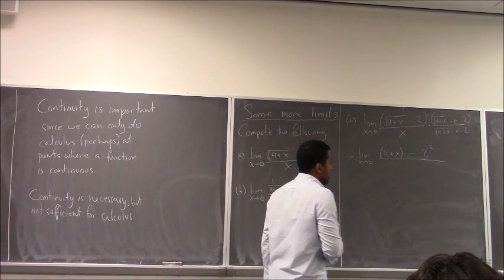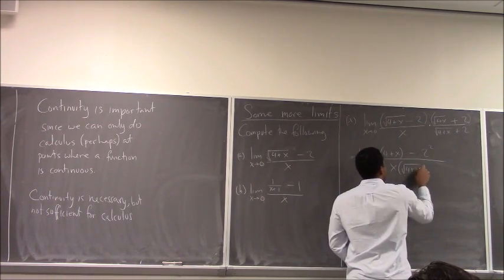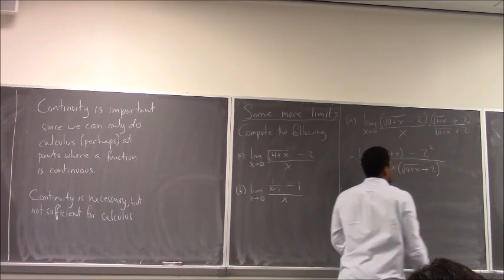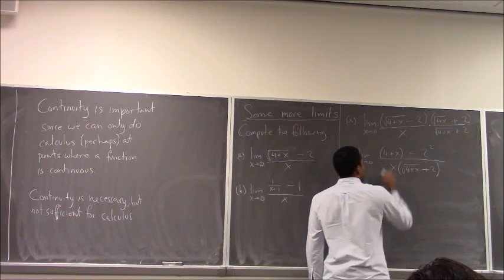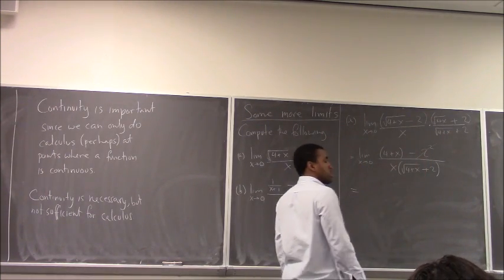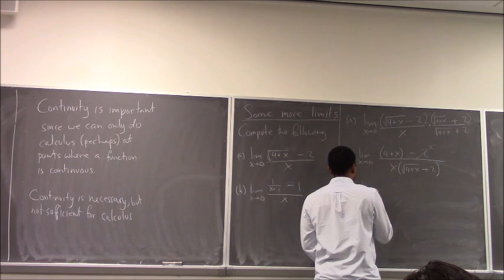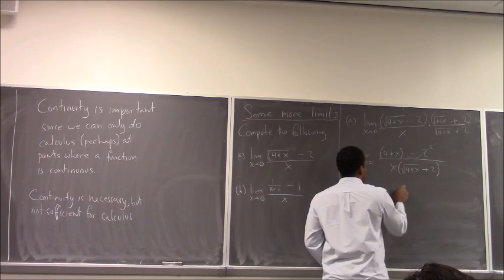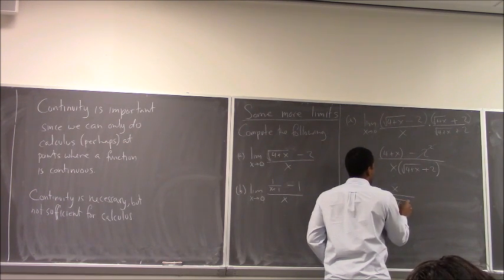So we have that in the top, and in the bottom we have this. Now you realize that this 4 and that 2 squared are going to cancel. And we would have x over x times the square root of 4 plus x plus 2.